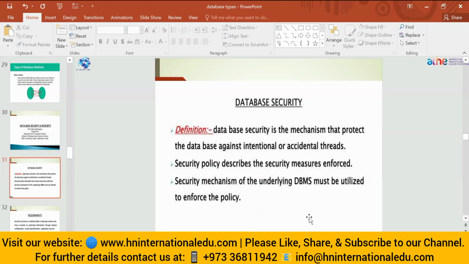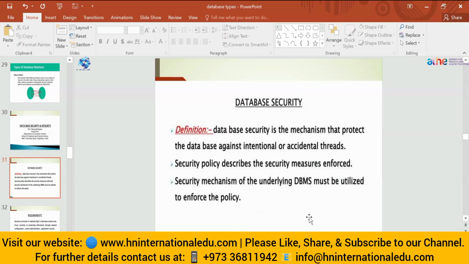If someone tries to breach the security, database security protects the data from those threats. There is a security policy that describes the security measures that are enforced.